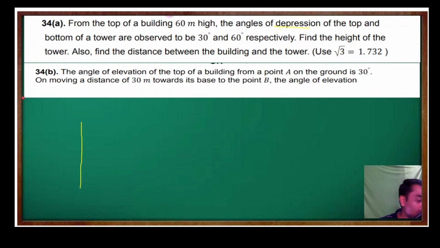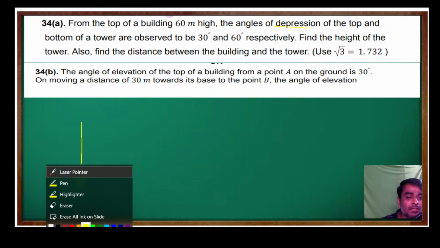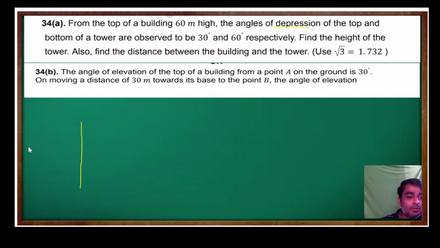So there is a tower also. That means I need to draw one more line vertically just parallel to this. So let me draw here like this. So if I consider this as a building from here to here, like this you will have one depression and one more depression will come like this.